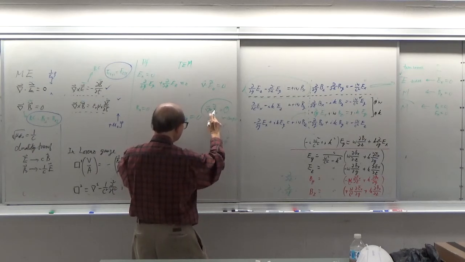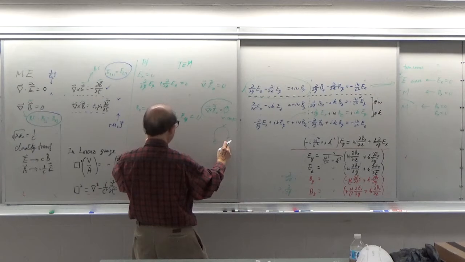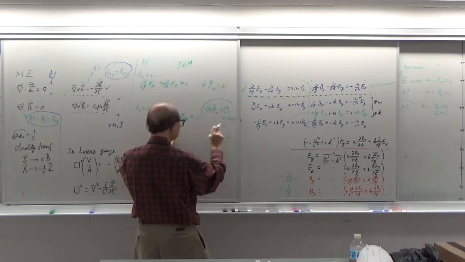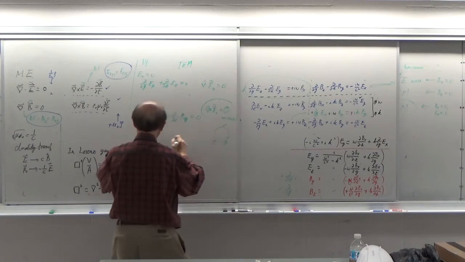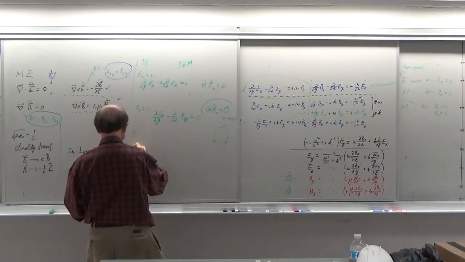The x component of this is del by del y acting on Ez minus the z interchange. Now I have to take a look at the y component and the z component.